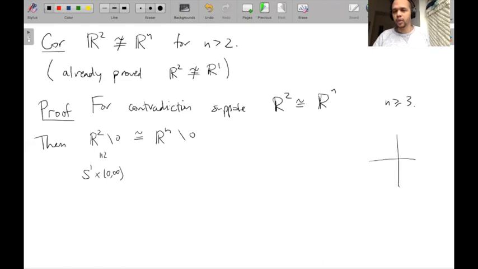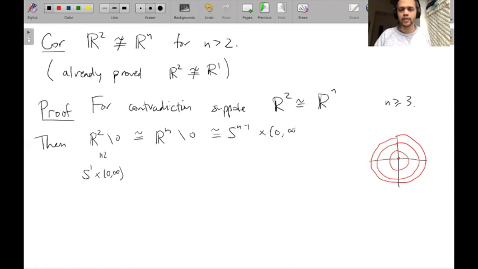This is like polar coordinates, I guess, or in a picture, if we remove the origin, then every point is on a circle of some radius. And the same is true for Rn. This is topologically equivalent to S^(n-1) times a ray. It's like spherical coordinates.